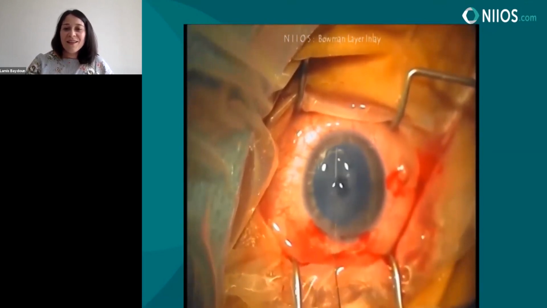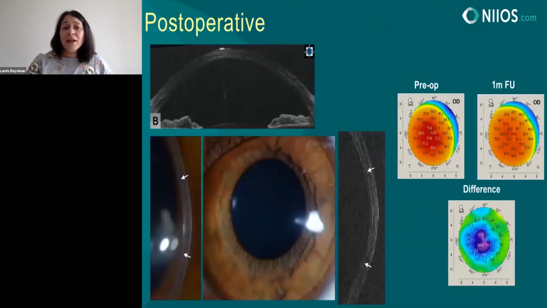Then surgery is finished, and usually you can see with the OCT the Bowman layer midstromally, and usually we see a flattening of the cornea of about 7 to 8 diopters, and the cornea thickens a little bit. Important, you have to know visual acuity remains stable in those eyes, so you should tell the patient that vision is the same, and that's why those patients should always have good vision before you start surgery, because there is no improvement after that.